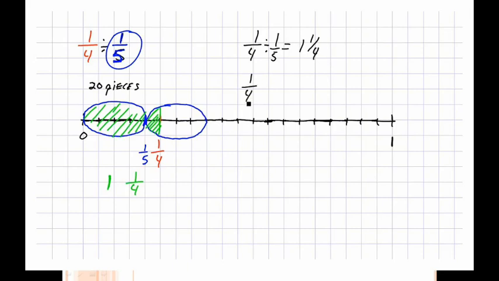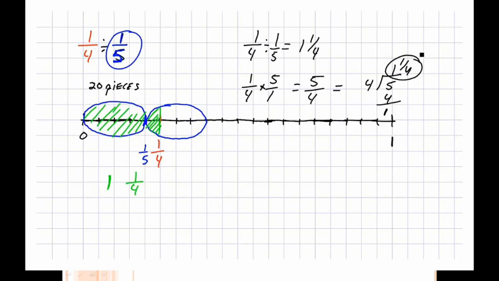That's 1/4 times, flip that over, 5/1, which is 5/4. And 5/4 goes into 5 one time. 1 times 4 is 4. We have a remainder of 1, so that's 1 and 1/4. So that verifies it.